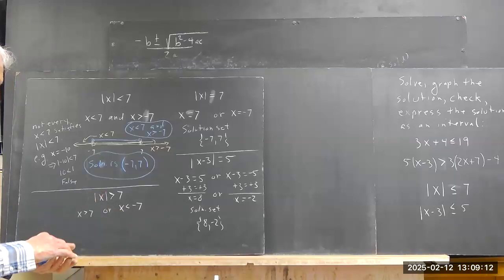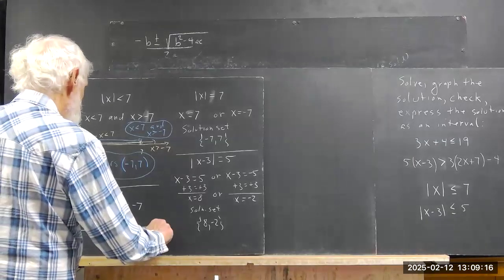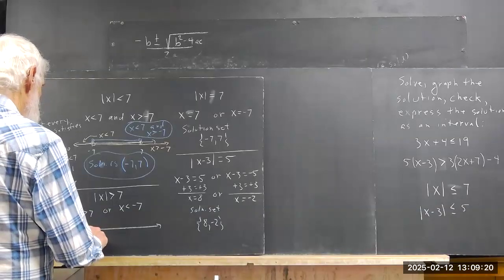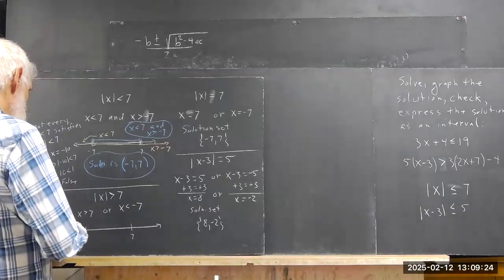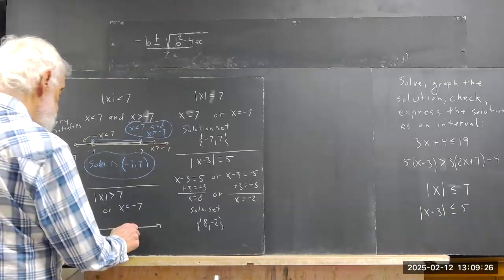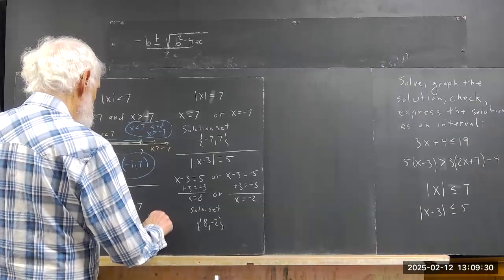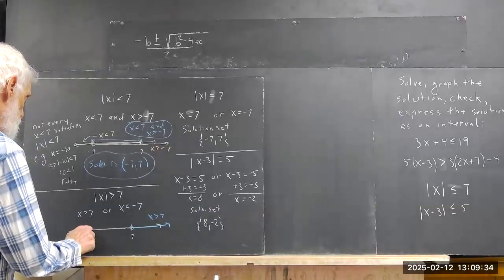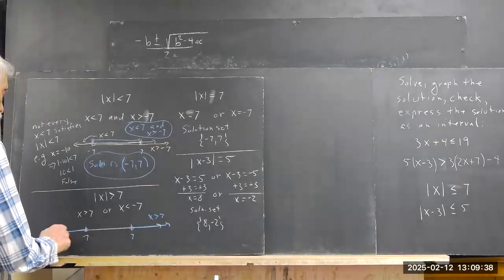Now, the picture of that. Well, x greater than 7 is here. It's supposed to be an open interval.